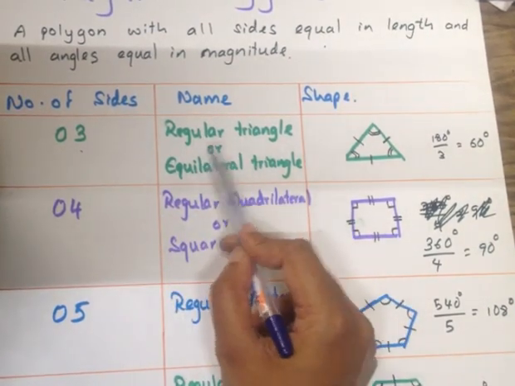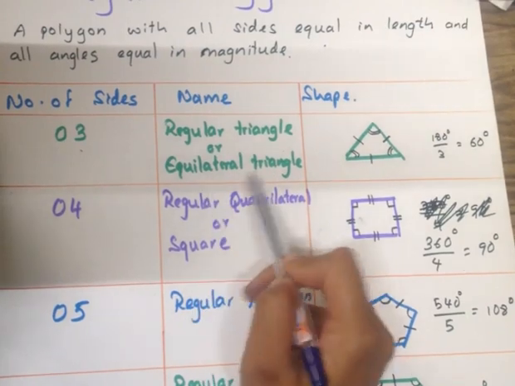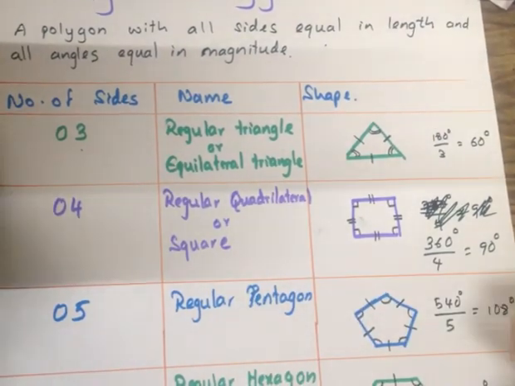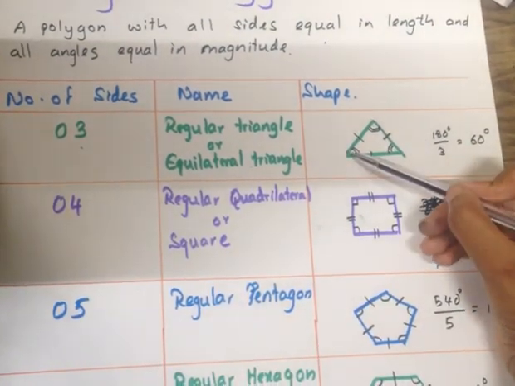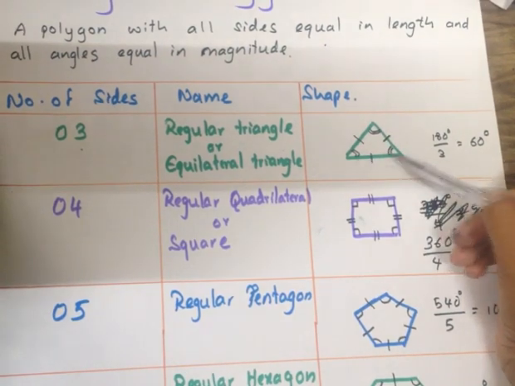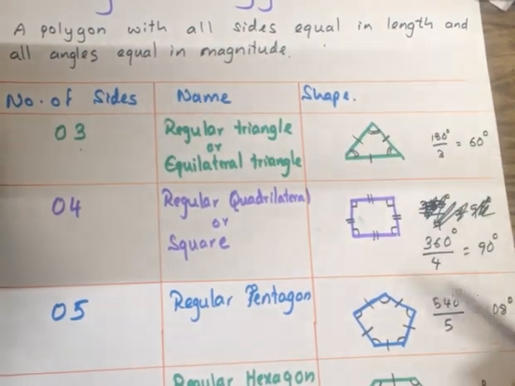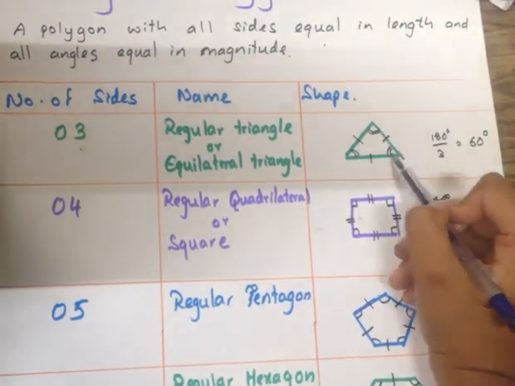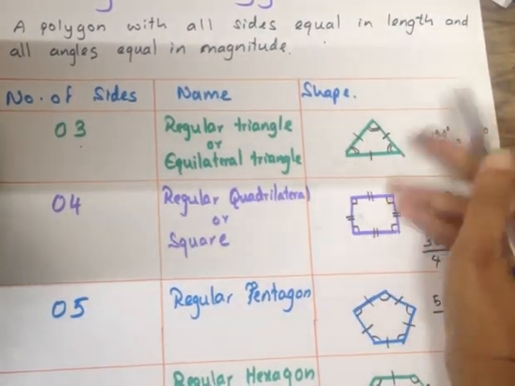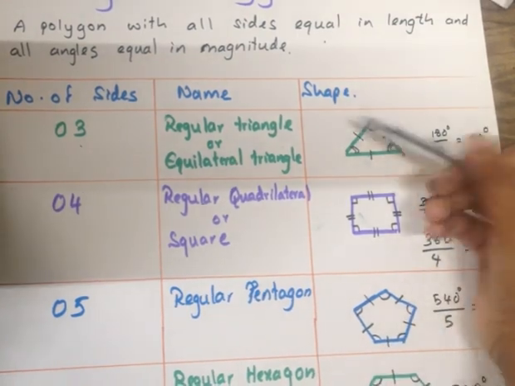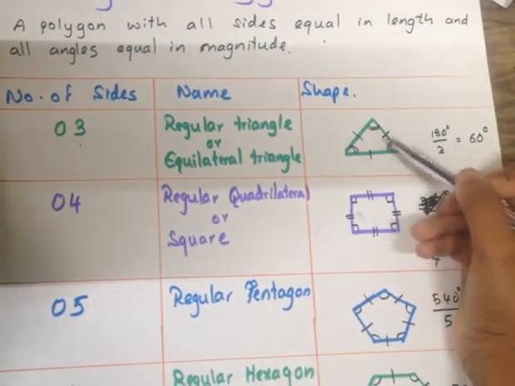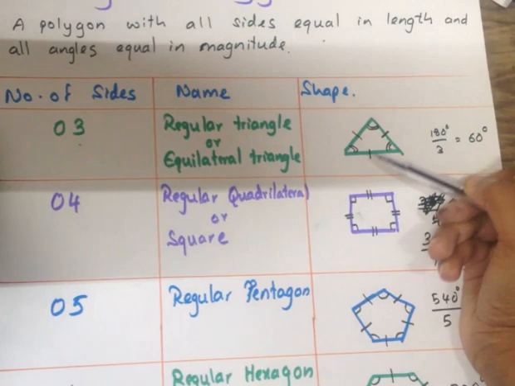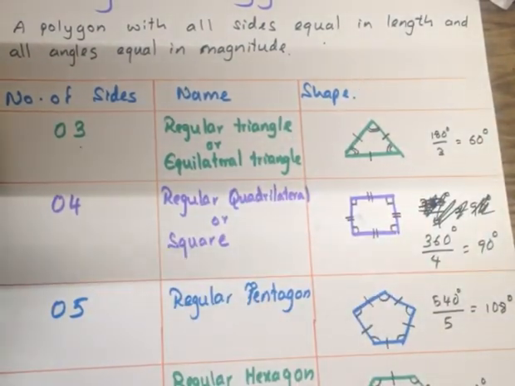We name it a regular triangle or equilateral triangle. Here you see the sides are equal. All these 3 sides are equal. Similarly, all these 3 angles are also equal. If and only if these sides and angles are equal to each other, then only we call them regular.